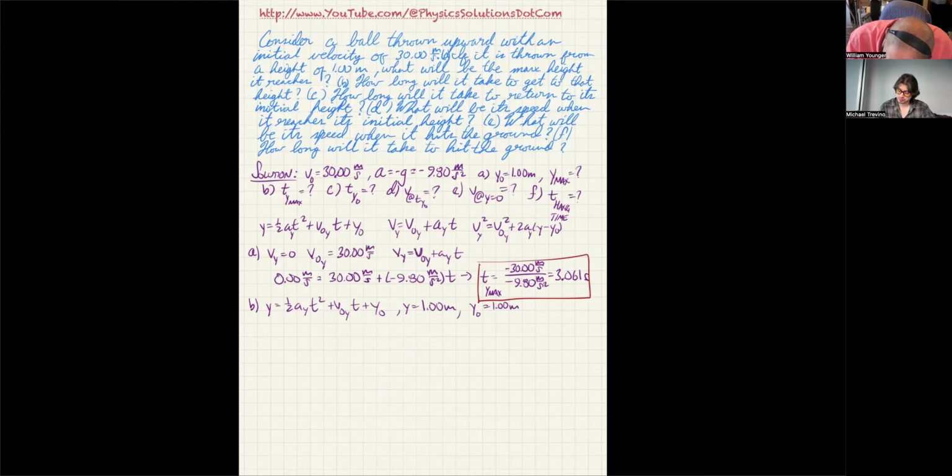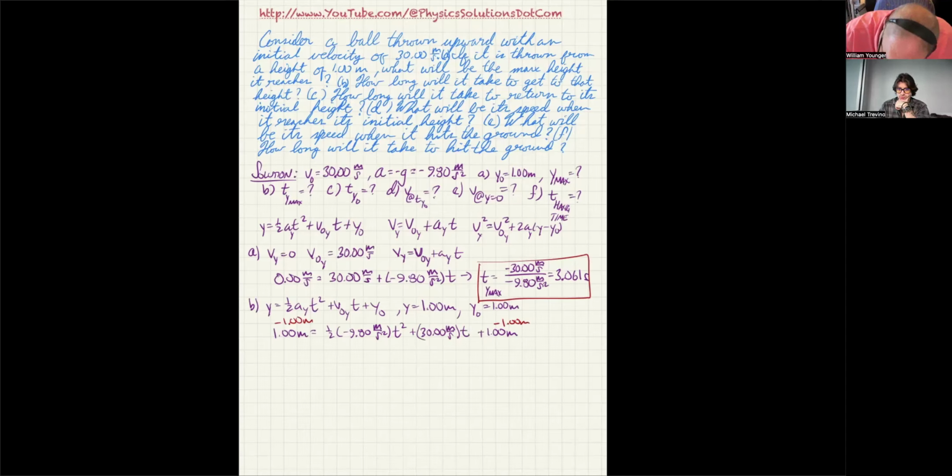So I can plug all this in, and I'm going to get 1.00 meters is equal to 1 half times negative 9.80 meters per second squared times t squared plus 30.00 meters per second times t plus 1.00 meters. You can see automatically that I can subtract 1.00 meters from both sides, and that's going to leave a 0 on the left and a 0 on the right.